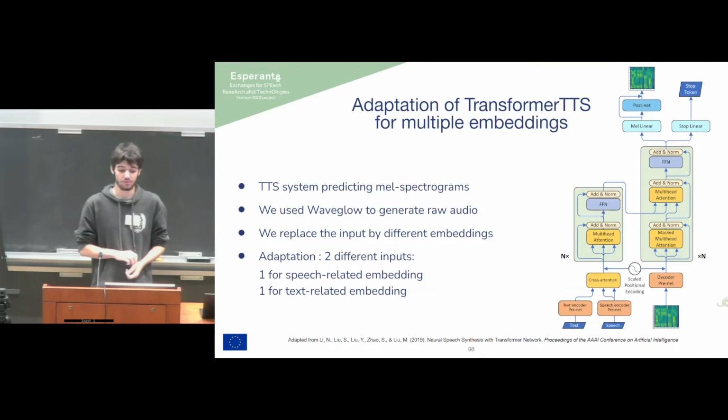And the adaptation we are working on, which is not yet ready, is the inputs coming from different embeddings and different modalities to help the speech generation, because for now it's a bit complicated to get clean speech from this system.